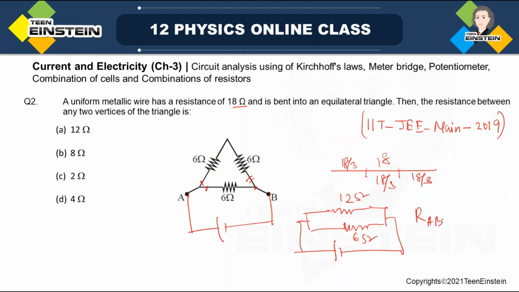So RAB will be multiplication by addition, so this is 18, this is 72, and this is 18. So effectively it will be 4 ohm. Okay, 4 ohm. All right, let us go to the next problem.